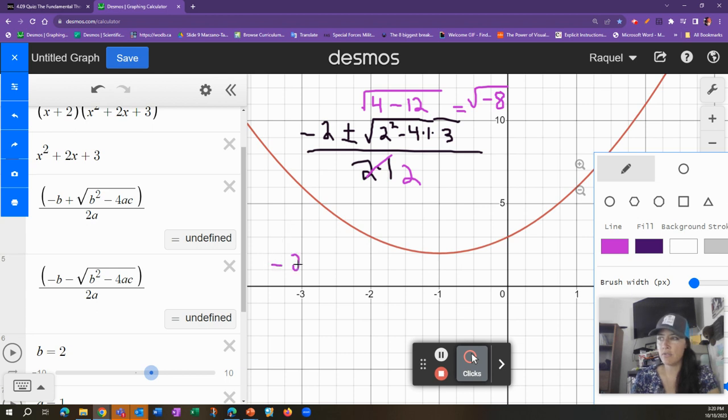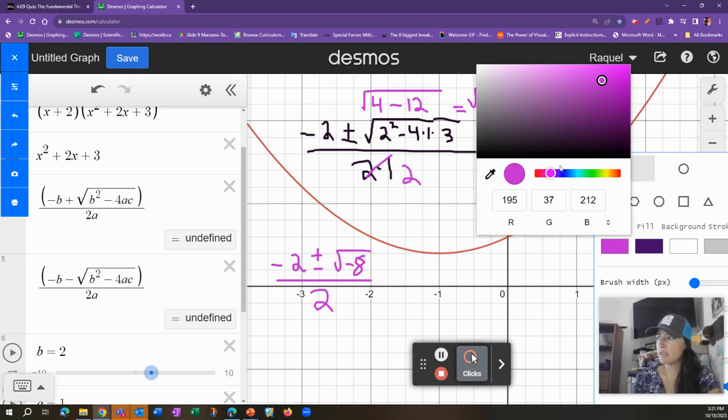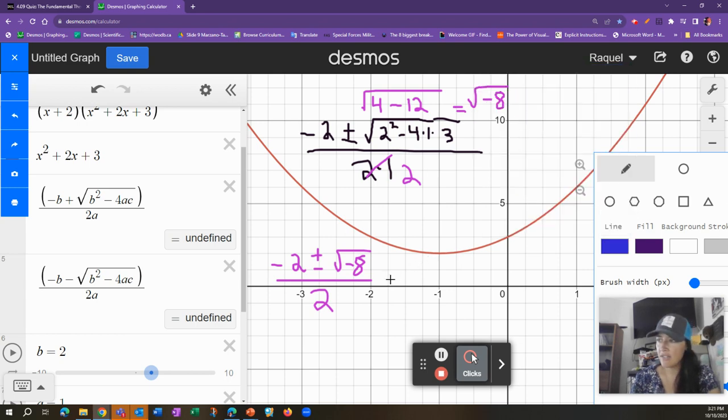Negative 2 plus or minus the square root of negative 8 all over 2. It just means each part is being divided by 2. Okay? All right, what do we do next? We got to get rid of that negative. And if you remember the negative square root, do you remember?